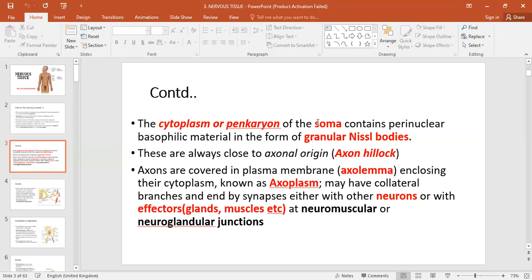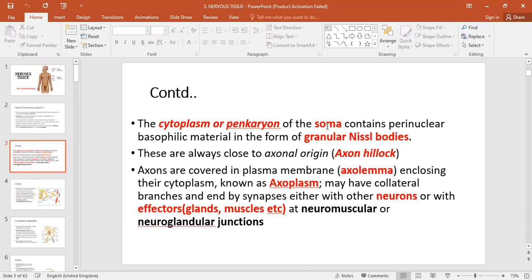Then the cell body, the central part of the cell, is known as the soma. Soma or pericardion, or simply cell body. So we usually call them cell bodies.